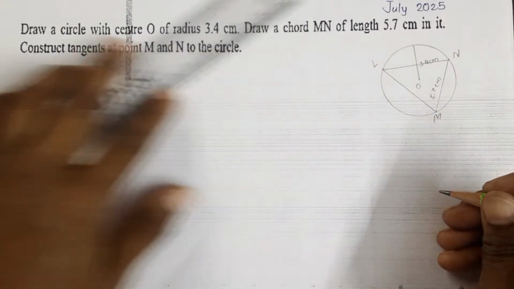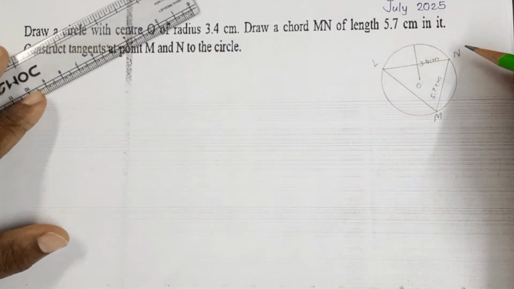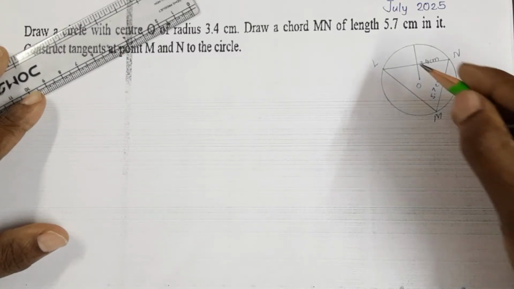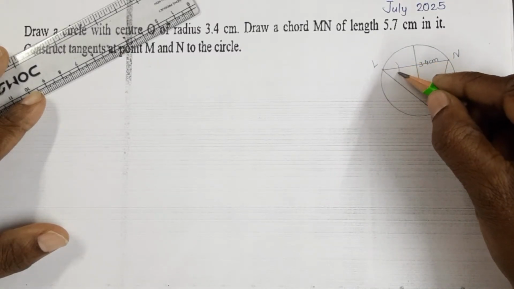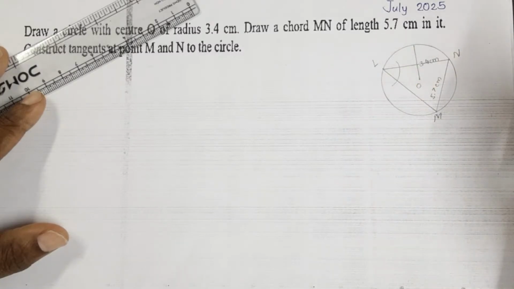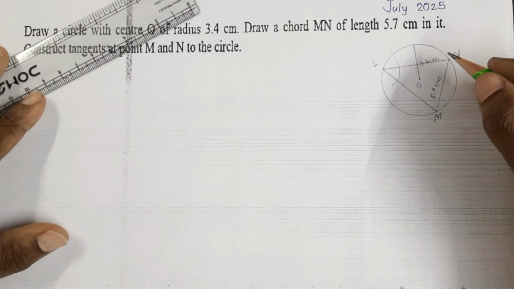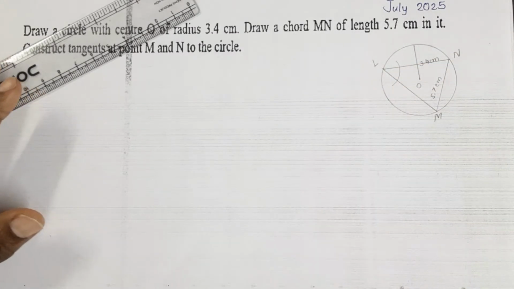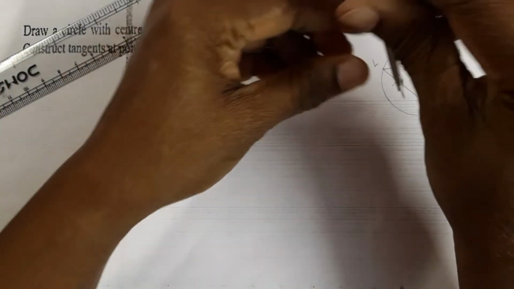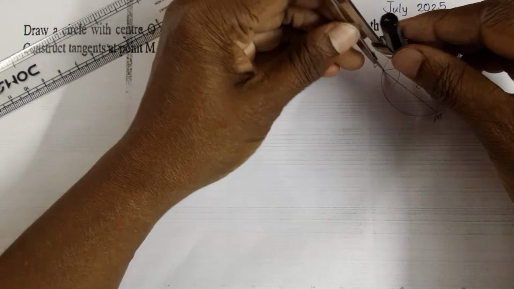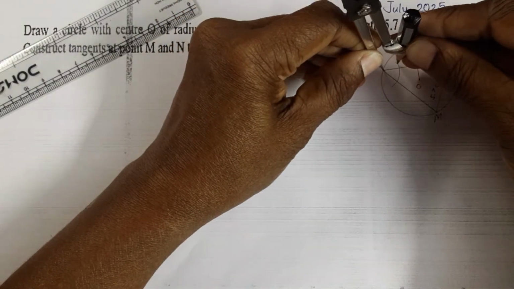Okay, then formation of triangle LMN, formation of triangle LMN. Then here, making the arc, this arc. Okay, as well as take the distance same as this one.